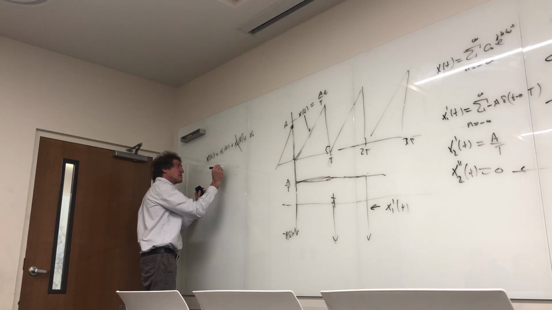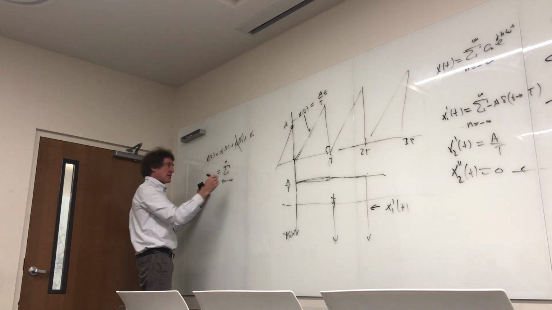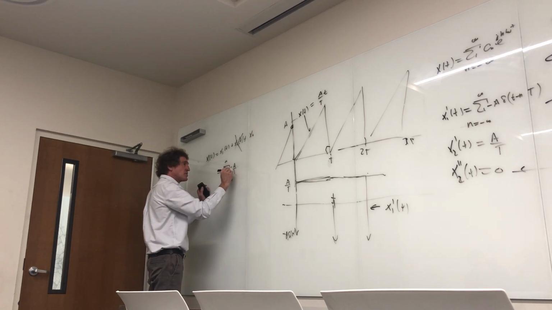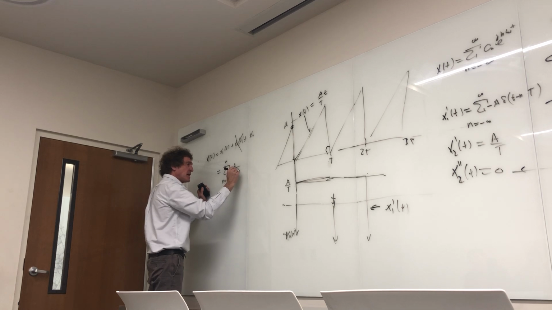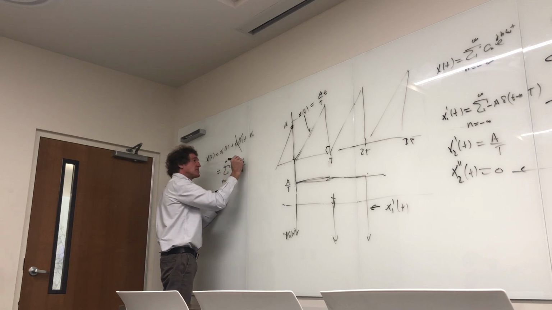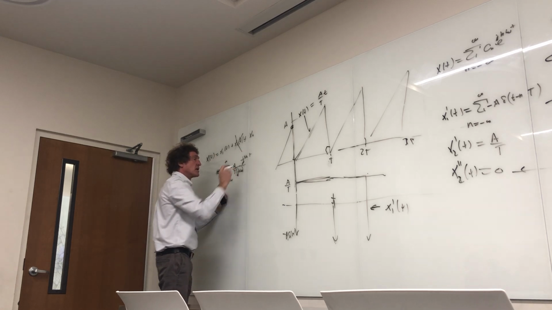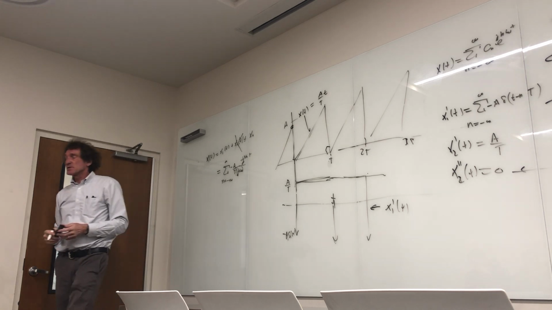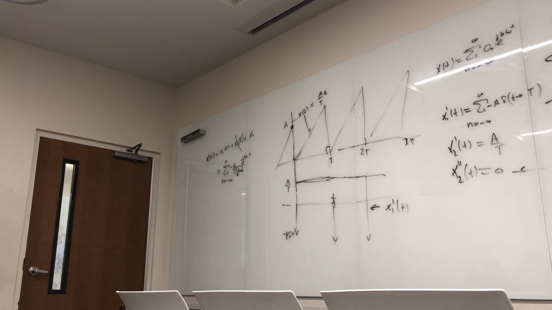Technically the series would look like this. It would be an infinite sum, n equals minus infinity to infinity, of C of n, that's minus a over t divided by j n omega naught, correct class? Then that's C of n, times e to the minus j n omega naught t. Agreed?